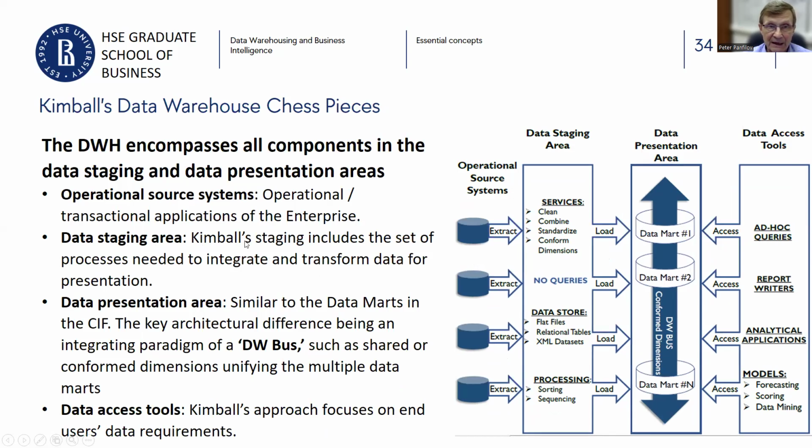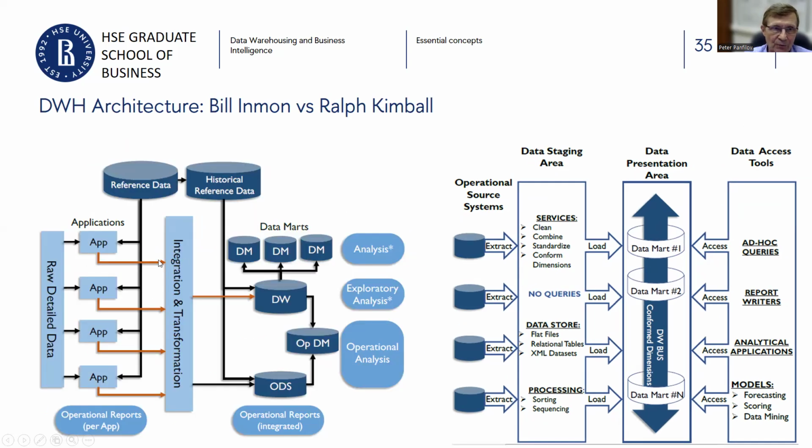In Kimball's architecture, staging area includes a set of processes needed to integrate and transform data for presentation. So it can be compared to a combination of integration, transformation and data warehouse in Bill Inmon's architecture.